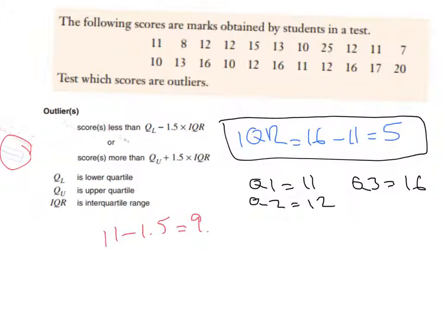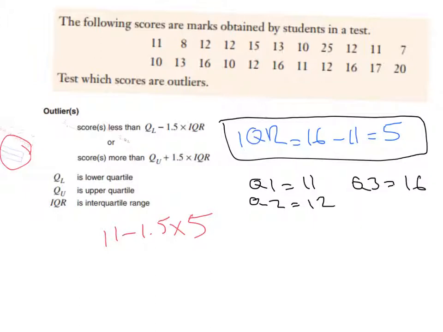Actually, it's 1.5 times the IQR. So not yet. So 1.5 times IQR, which is 5. Okay, so 1.5 times 5 is 7.5.